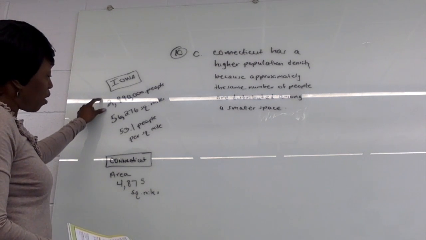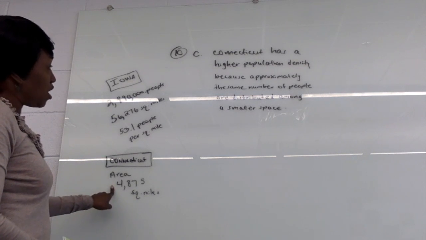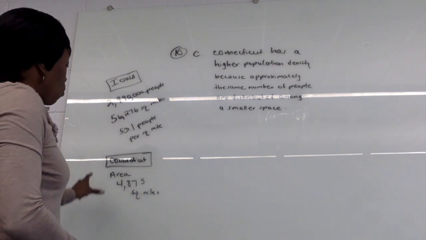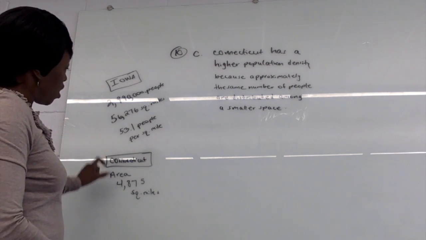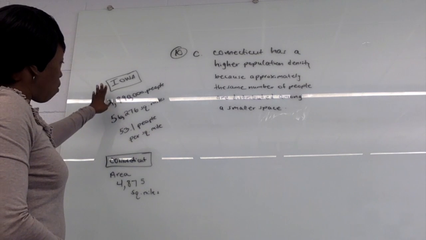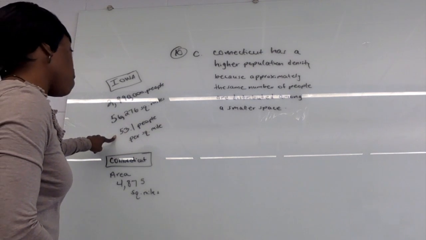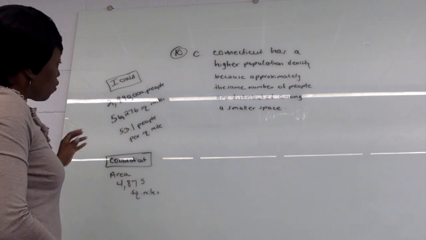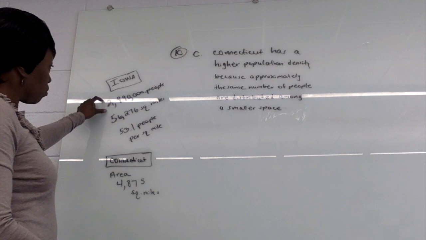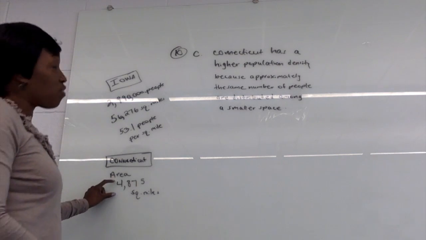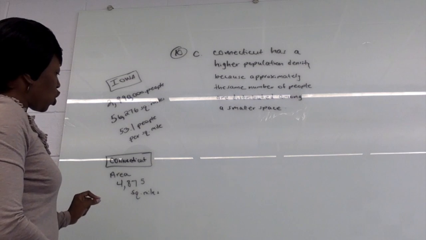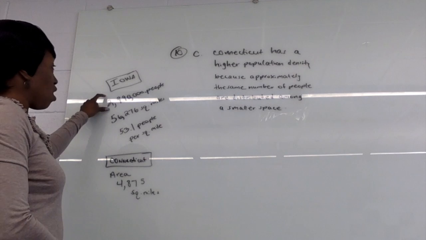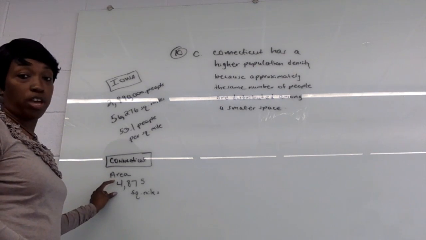So we have a large amount of people here, but look at the area for Connecticut. It is smaller than the area for Iowa. Based on what we know with Iowa, the population density was 53.1 persons per square mile. So if we're trying to fit all of these people into a smaller area than we had for Iowa, our population density would be much bigger, because we have a large amount of people trying to go into a smaller area.